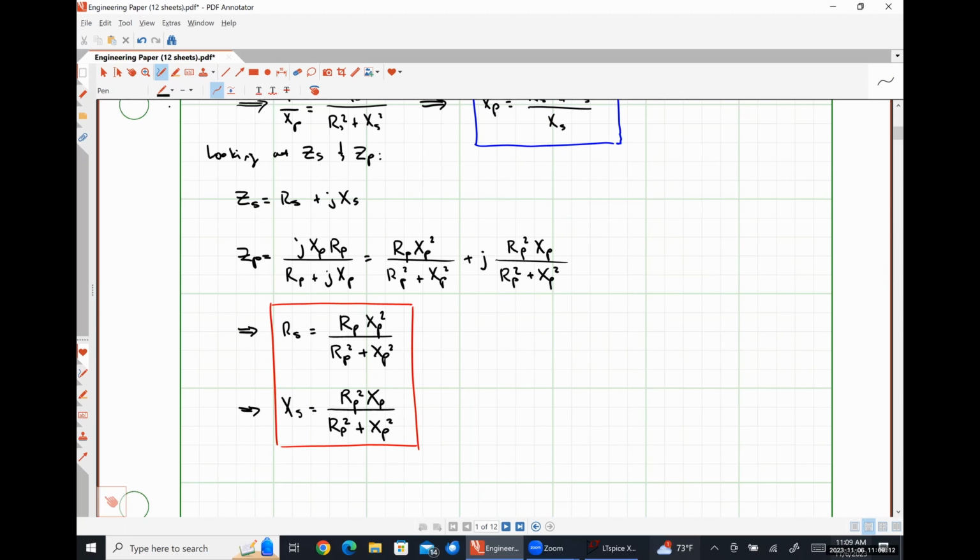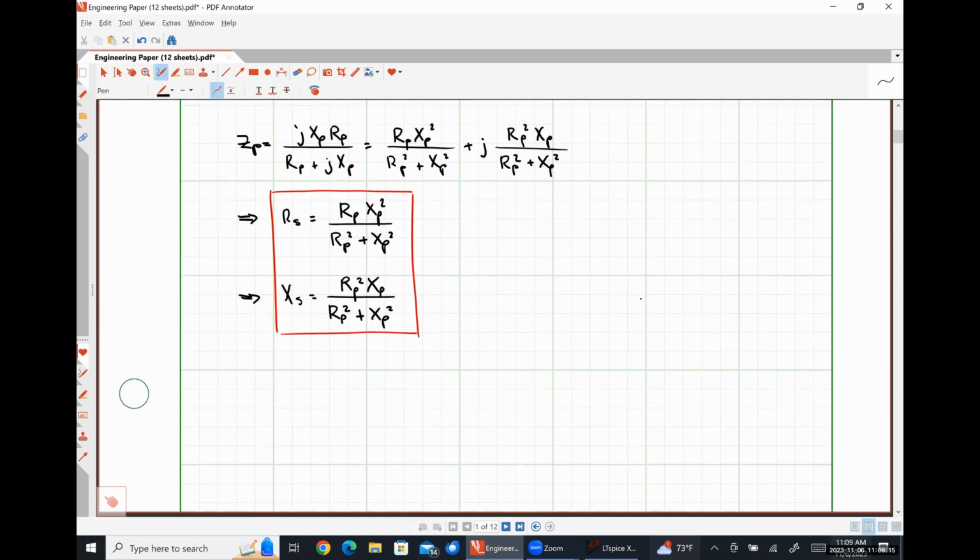Okay. So in terms of the network Q factor, these transformations can be expressed as follows.